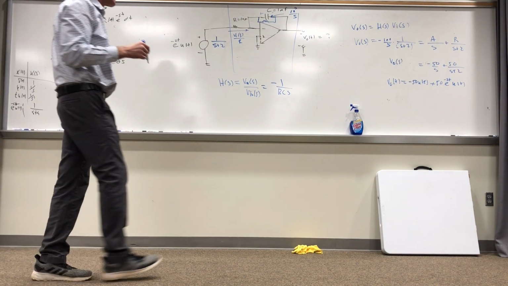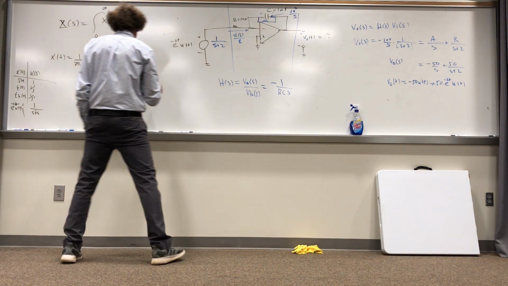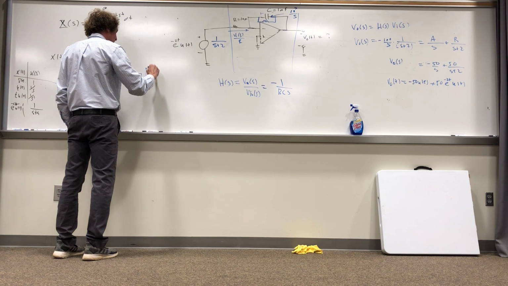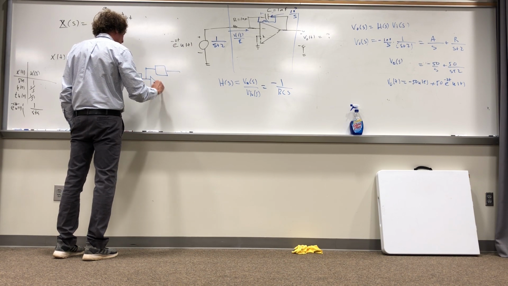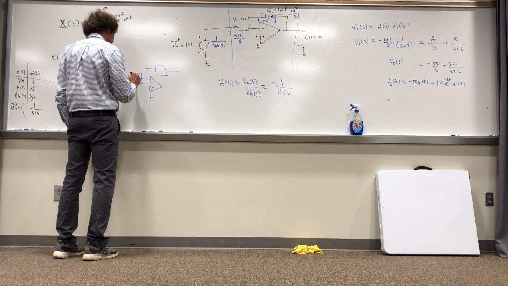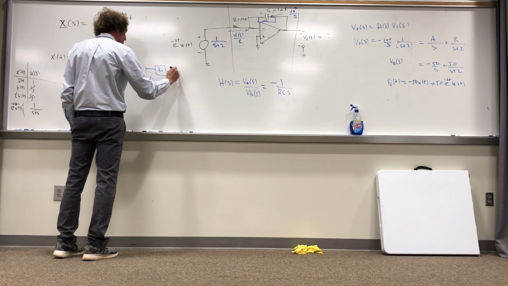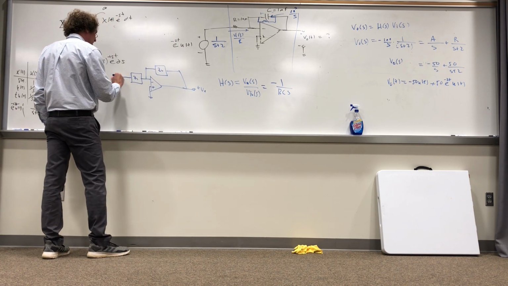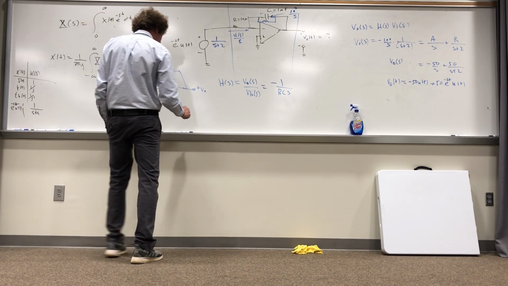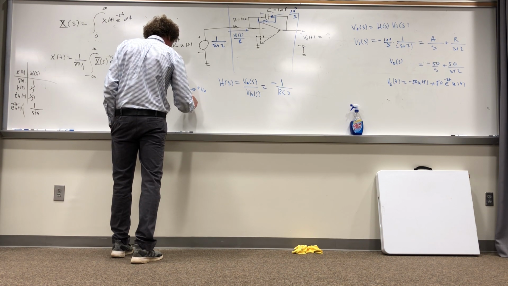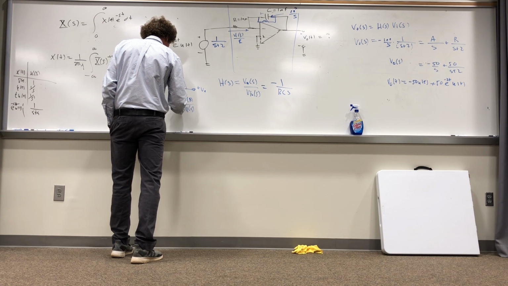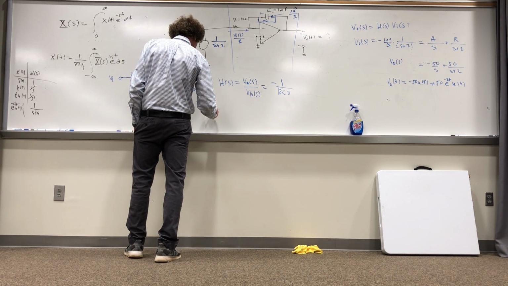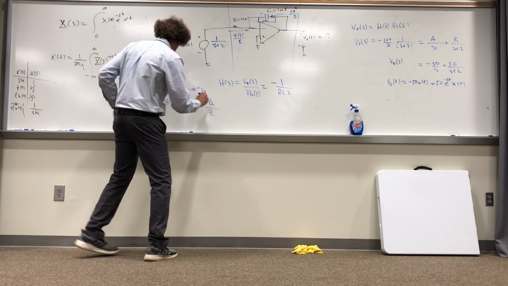And technically what I should have said is, in general, when you have an operational amplifier circuit, where this is some Z1 and this is some Z2, and this is the output, and this is the input, then technically V out of S over V in of S equal to H of S is equal to minus Z2 over Z1. And this is in the Laplace domain.